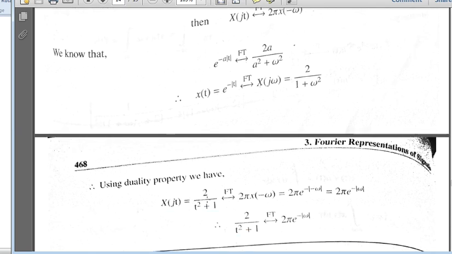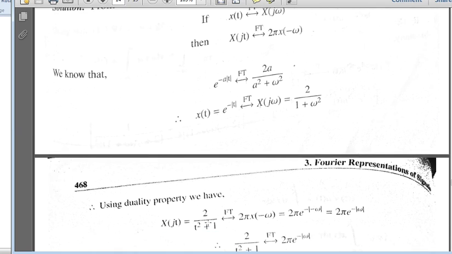So let's see that. When we replace this, we are getting 2 divided by 1 plus omega square, then omega is replaced by t, we get 2 divided by t square plus 1, which is the same as 1 plus t square. So by duality property, it is 2 pi into x of minus omega.